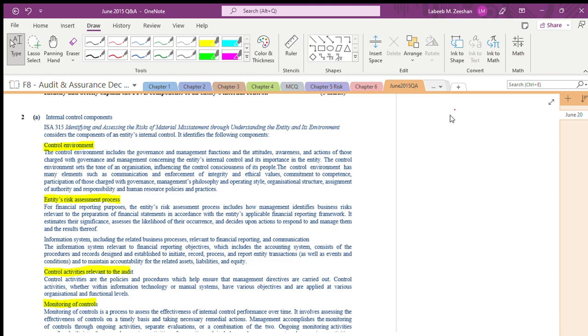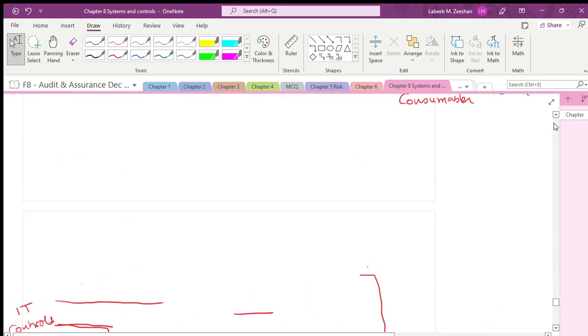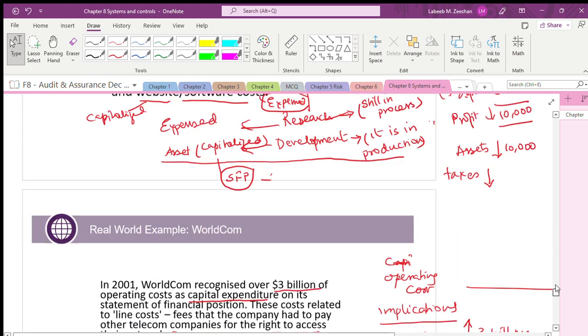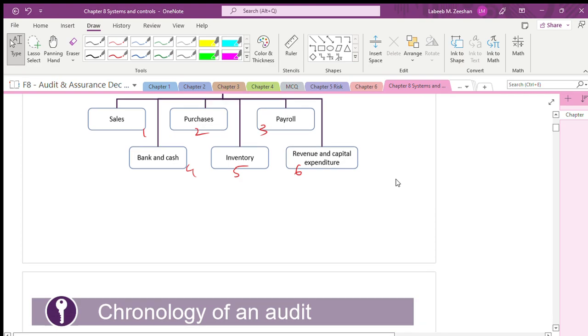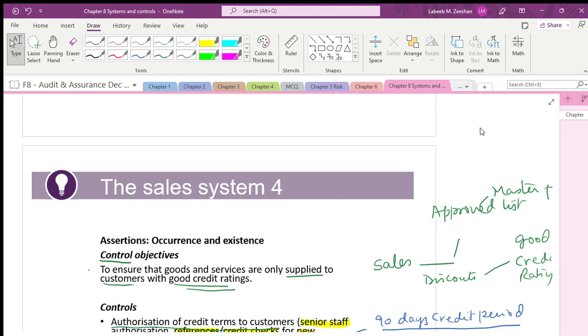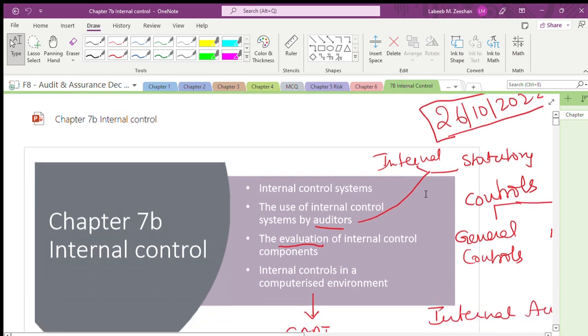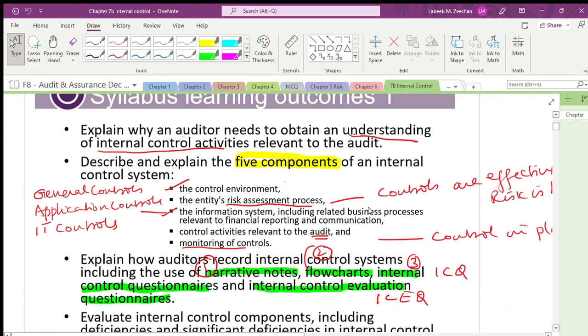Yes, here. The control environment, the entity's risk assessment process, the information systems, the control activities, and monitoring of controls.